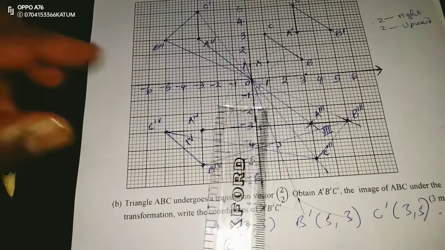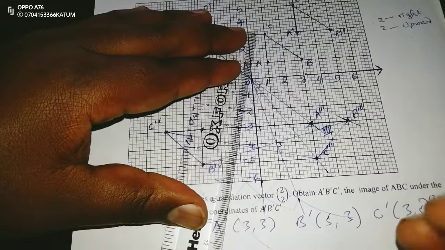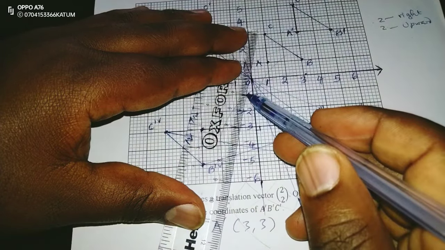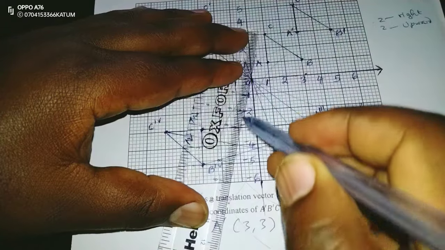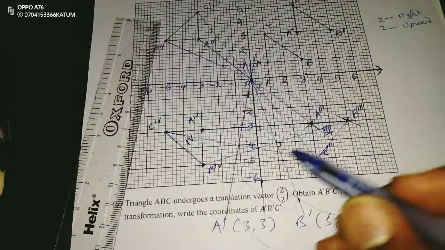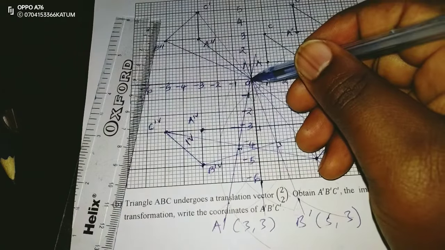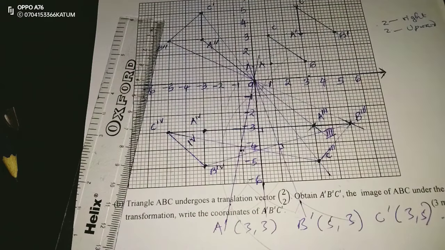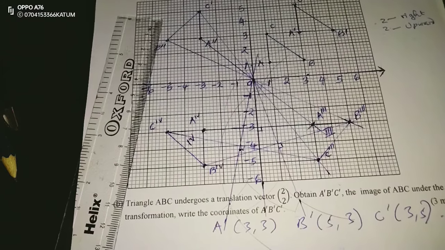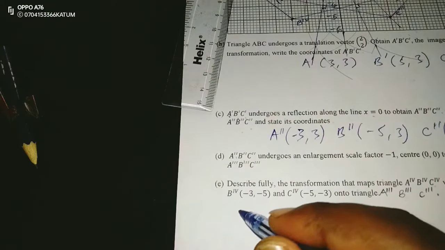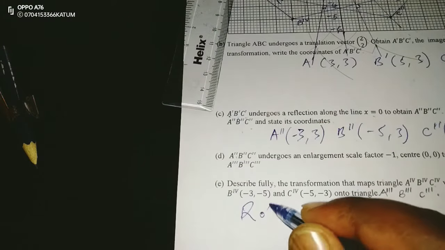Then we join this arc and this arc, and it is confirming to still be passing through the origin. Therefore, we can conclude that this transformation is a rotation. The transformation here, we are asked to describe it fully. It is a rotation.